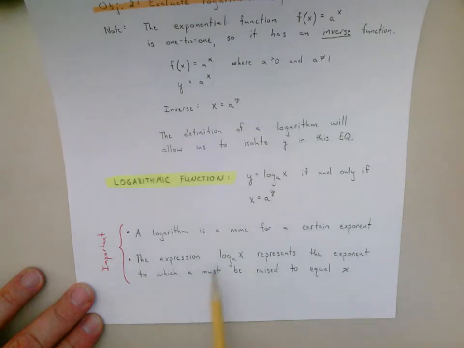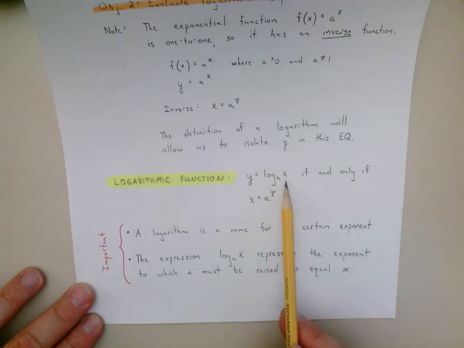Second thing that's important we understand, if we look at the expression log base a of x, know that it represents the exponent to which a must be raised in order to equal x. So when I look back here, log base a of x, know that that means the exponent to which a must be raised in order to equal x. And that's our definition of a logarithm.